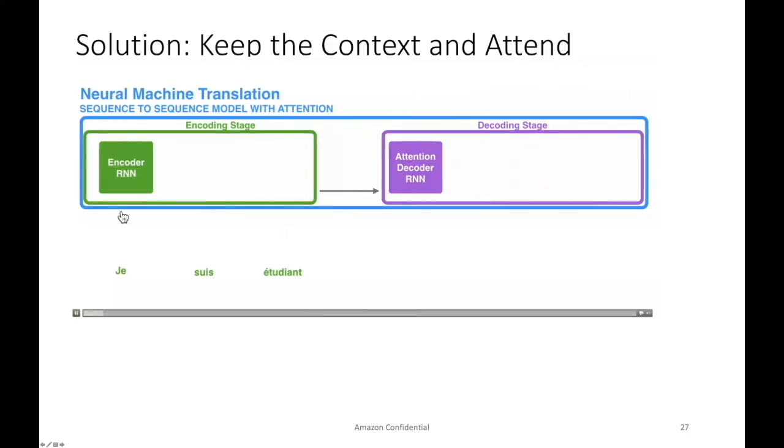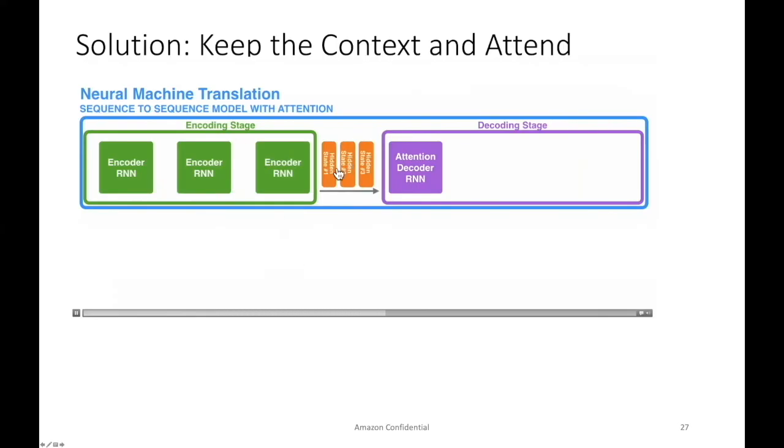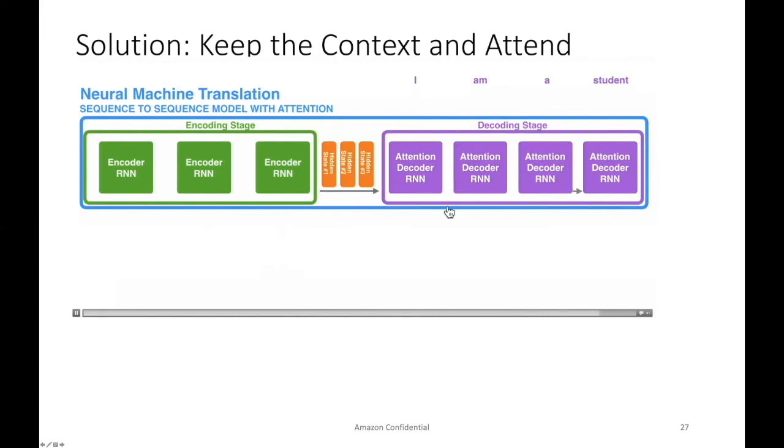The encoder, even in the case of attention models, takes the words one by one and produces a hidden state for each word, but then all the hidden states for each word are kept, and they are used in the decoding stage for producing the translation. That's the major difference between attention and a normal machine translation using an encoder and decoder.